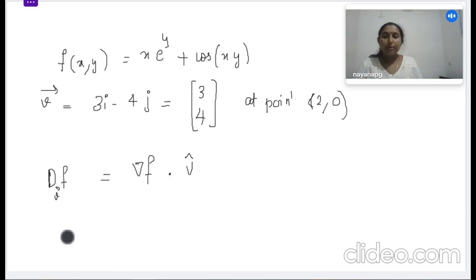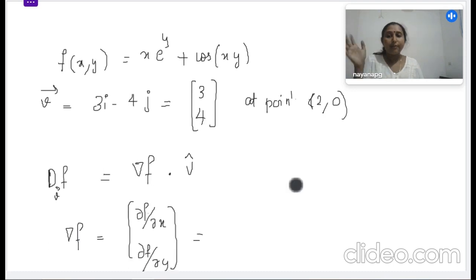The gradient of f is the partial derivative of f with respect to x and the partial derivative of f with respect to y. It's a vector. So what is the partial derivative of f with respect to x?